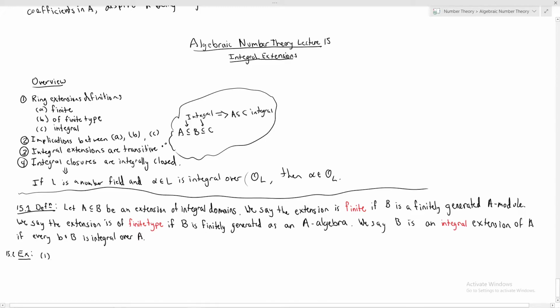Let's do an example of a ring that's of finite type but not finite.